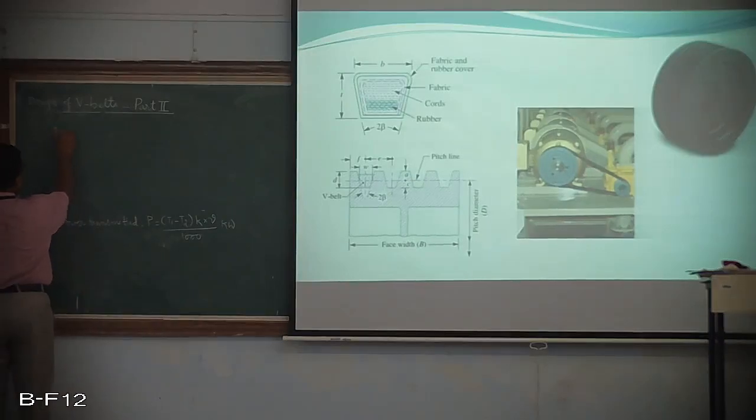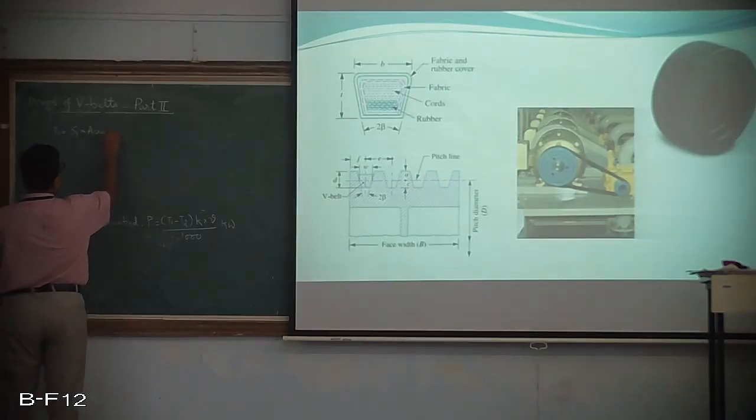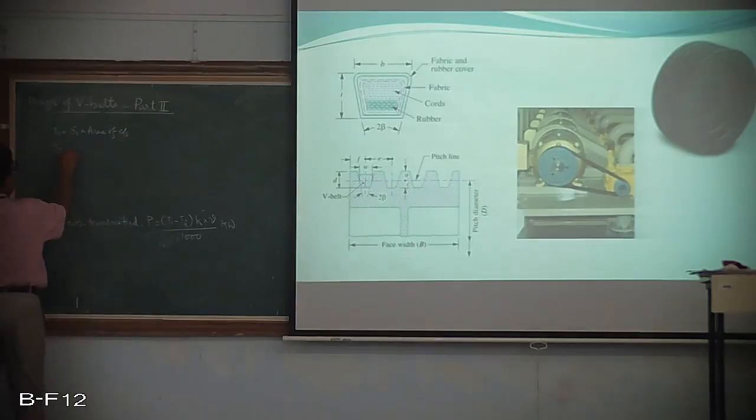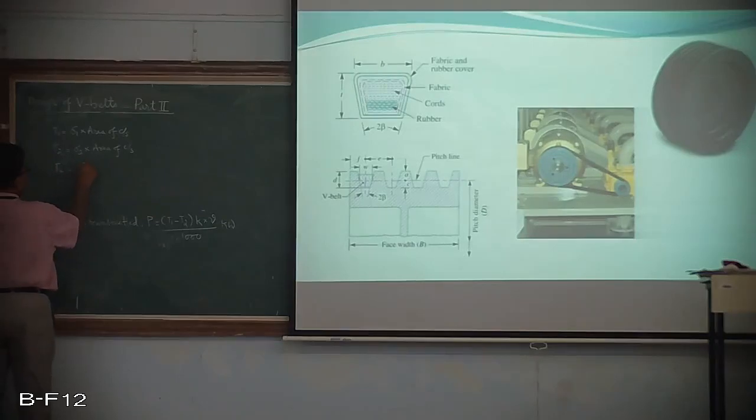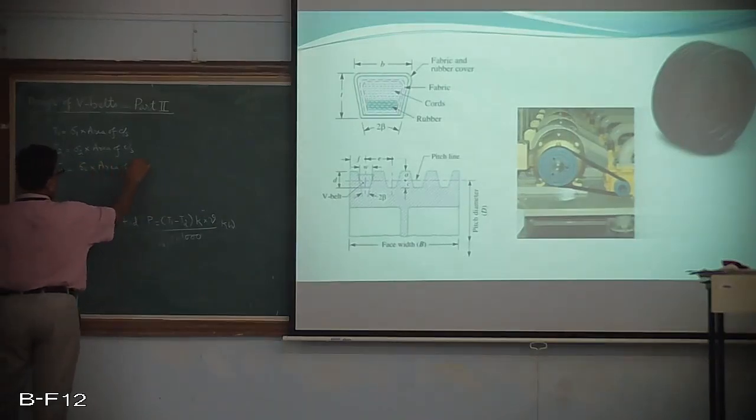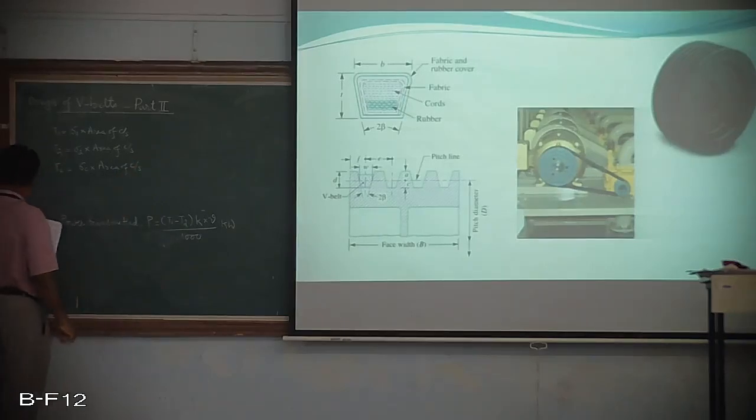T1 is nothing but the tension on the tight side, which is given by stress into area of cross section. And T2 is given by the corresponding stress into area of cross section. And Tc is again given by sigma c into area. These are the three values you can find out.